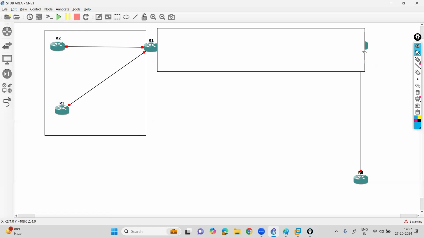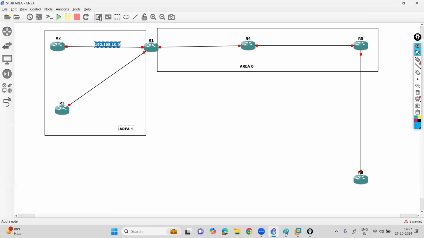This is area zero till here. Clear? Let me mention this. This is area one, and the next one is area zero on this side. Clear? Let me mention the network in between them.